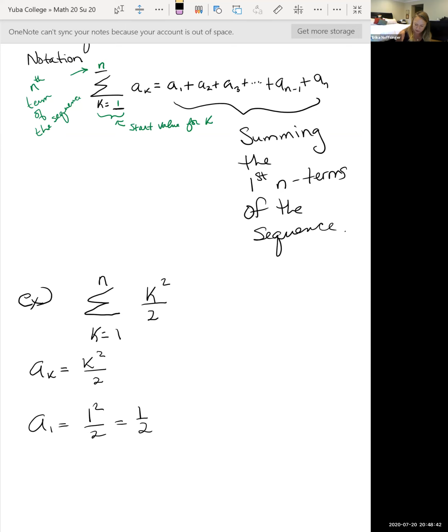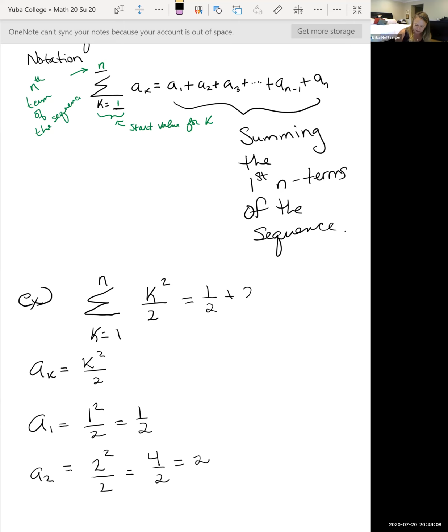So this is going to equal 1/2 plus, now I need to look at the second term. If I look at a sub 2, I'm plugging in 2 wherever I see a k. So I have 2 squared all over 2, which is 4 over 2, which is equal to 2.